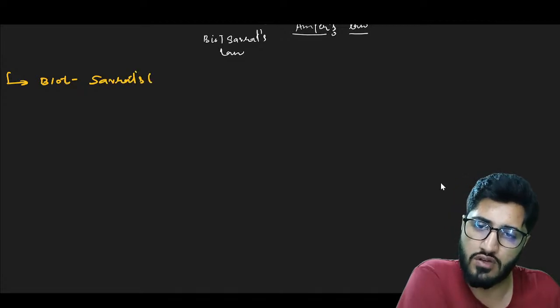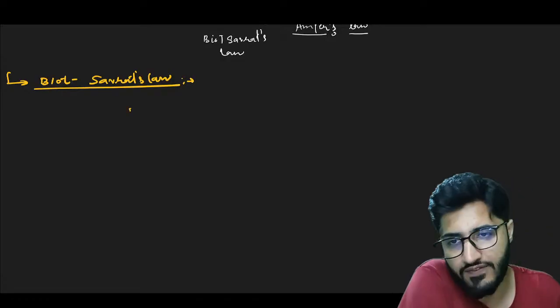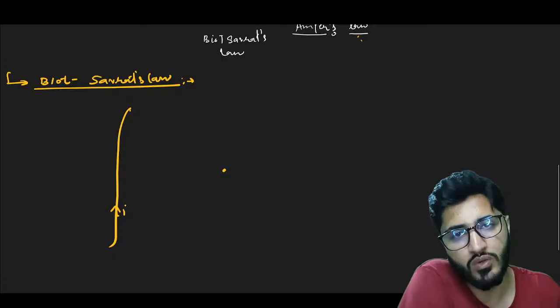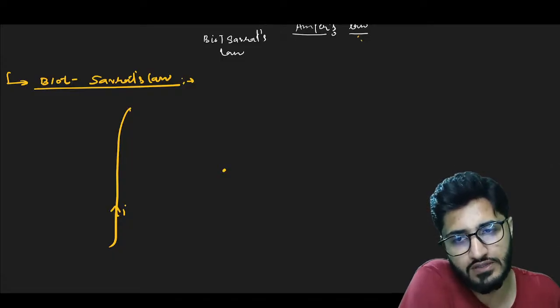Biot-Savart law. If we have a conductor, current I is flowing here. What will be the magnetic field here? To get the magnetic field, we just have to take the distance between them, say r.